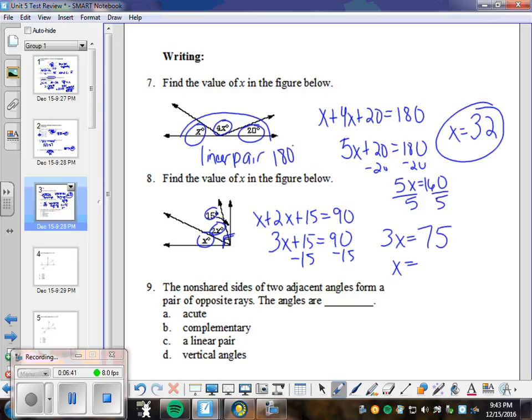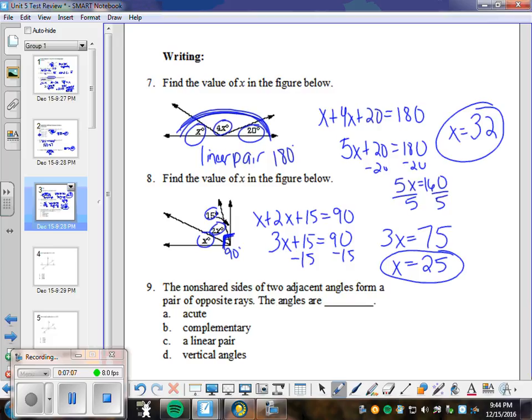Divide 75 by 3 and you get 25. So x equals 25. All right, so in this pair, again, we had supplementary. They all add up to 180. So you added them up equal to 180 and solve for x. In this set, they were equal to 90. Remember that little box means right angle, 90 degrees. We set them equal to 90 and solve for x.